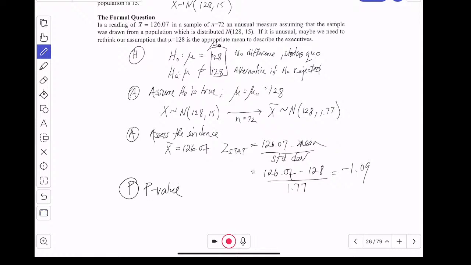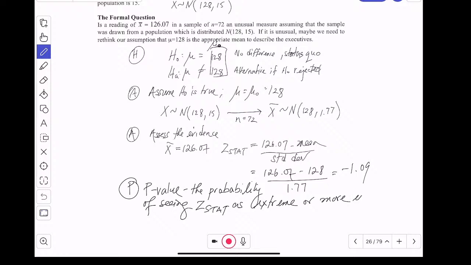The p-value, I'm repeating myself, is the probability of seeing a z-stat as extreme or more extreme, given H naught is true.